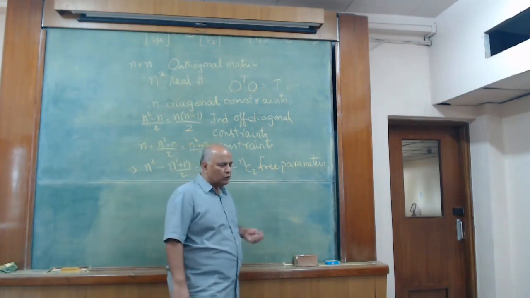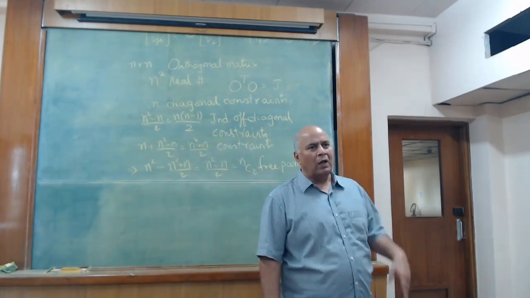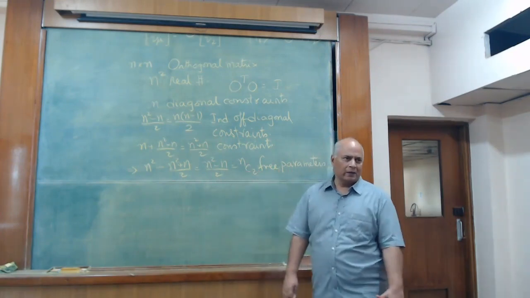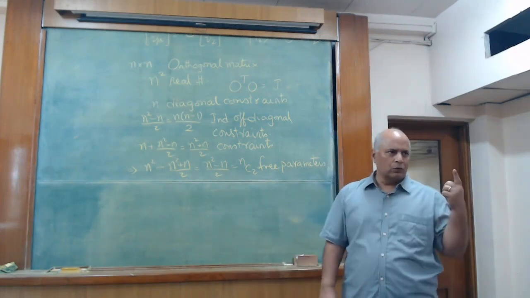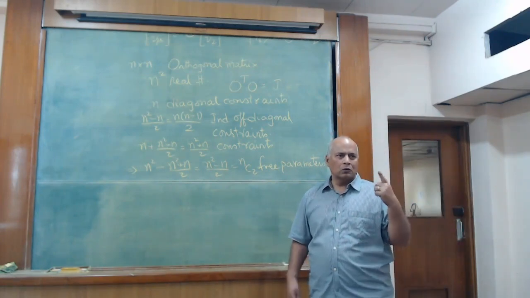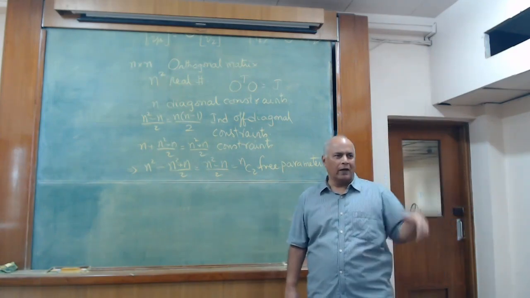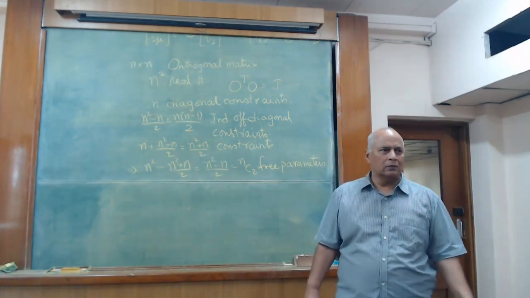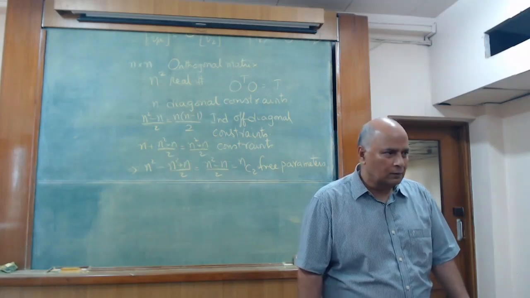So, to specify an n by n orthogonal matrix, I need to specify nC2 free parameters. And when n equals 2, 2C2 is 1. So a 2 by 2 orthogonal matrix has one rotation angle. When n equals 3, 3C2 is 3.